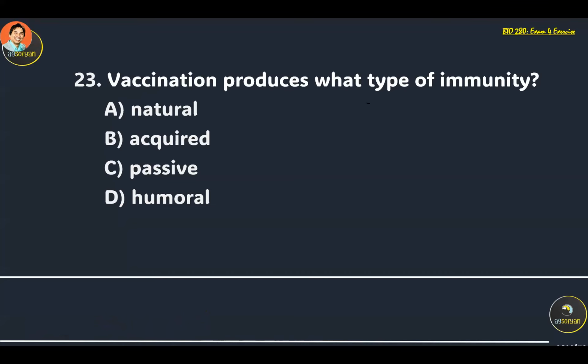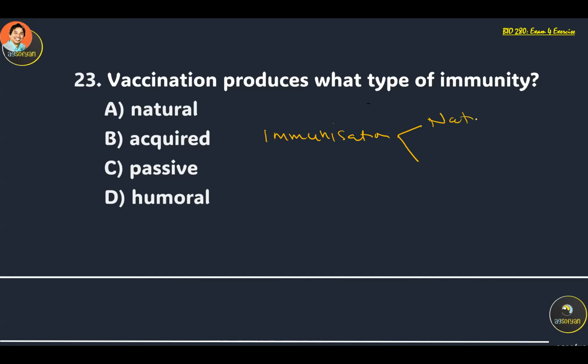Vaccination produces what type of immunity? A, B, C, or D? Okay. So immunization can be divided into two types based on how we get it.